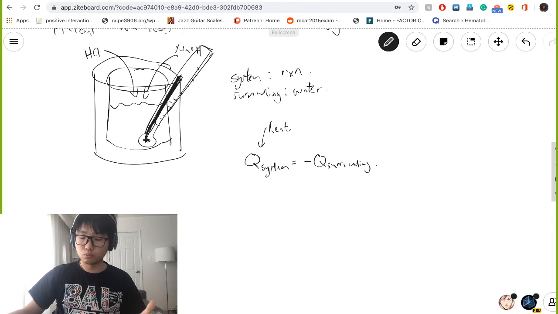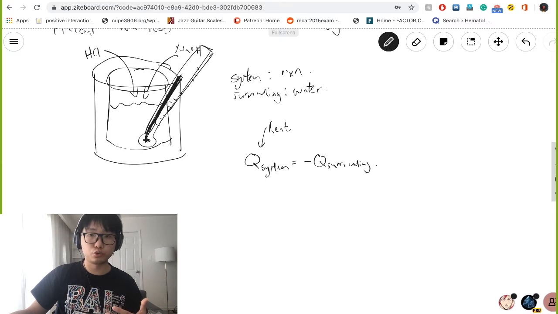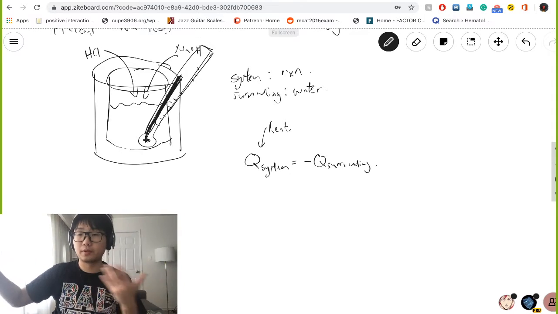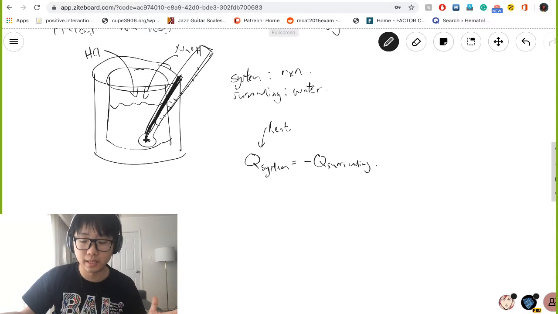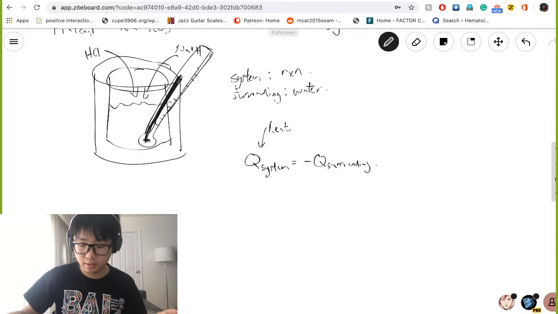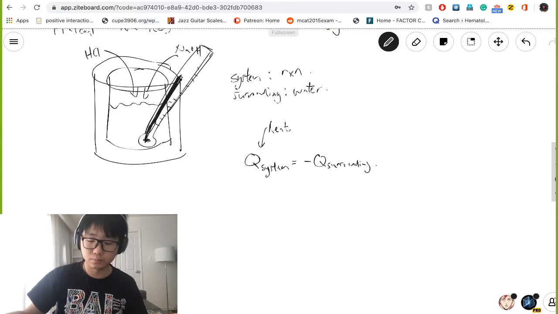Okay? So think about what this is saying. If my system releases 500 joules of heat, right, negative, then the surrounding will be the negative of that, which means it's positive, which means it's absorbing 500 joules of heat. As simple as that. If the surrounding is releasing heat, if the surrounding is negative, then the system will be positive.